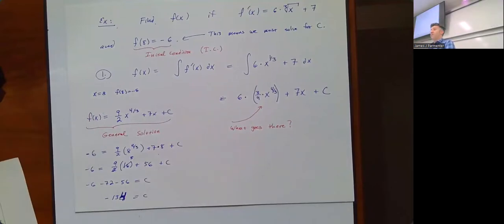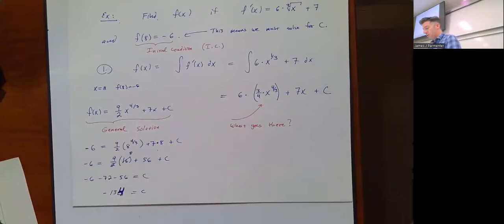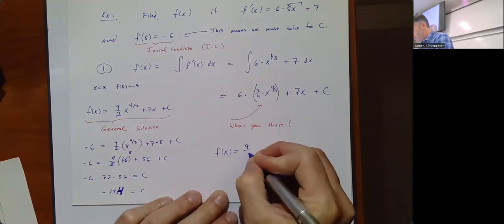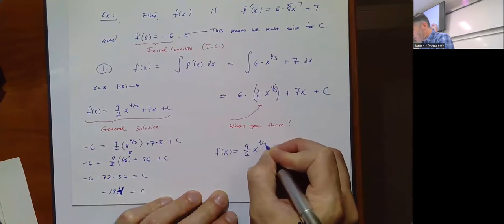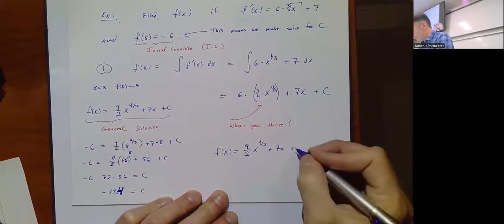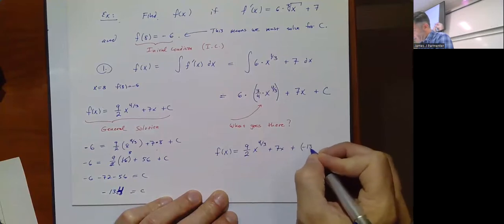Okay, here's what I should say. We're not done. We're almost done. But once you find the c value, you then have to go back and write down what the actual particular solution is. So there's your general solution, and our particular solution is just plug in c. But we actually need to write that f of x equal to 9/2 x⁴ plus 7x plus, minus, but I'll just write plus -134.